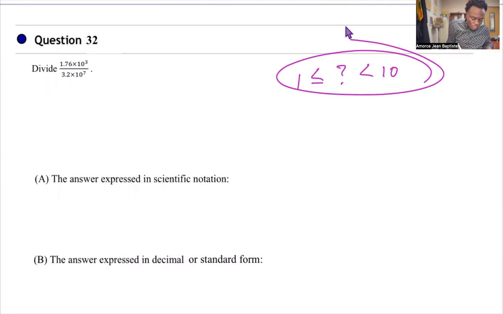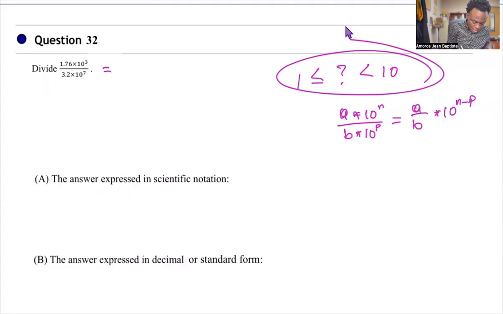So basically the same thing happens if we have a times 10 to the power n over b times 10 to the power p. It's going to be a divided by b times 10 to the power n minus p.